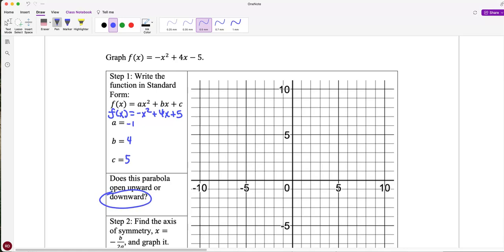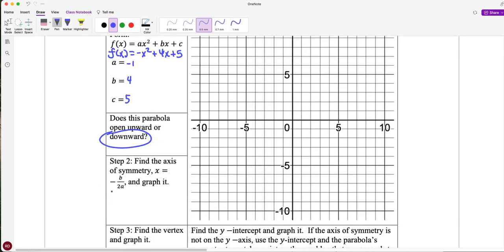So find the axis of symmetry. So that's just negative b over 2a. So x equals negative b over 2 times a. This is 2. So x equals 2 is the axis of symmetry.